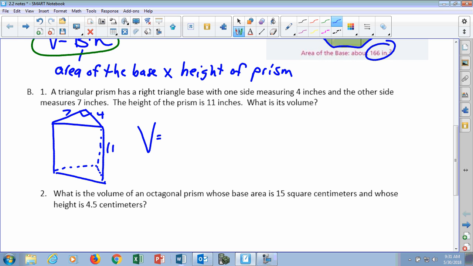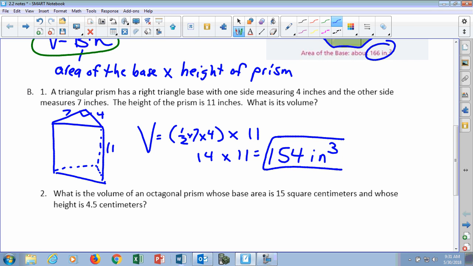Okay, so that's the base, right? All right, so you did 7 times 4. And then you did what? Right, you take half of that, right? Okay. So 7 times 4 is 28, and half of 28 is 14. So then they did 14 times 11, which is 154 cubic inches.